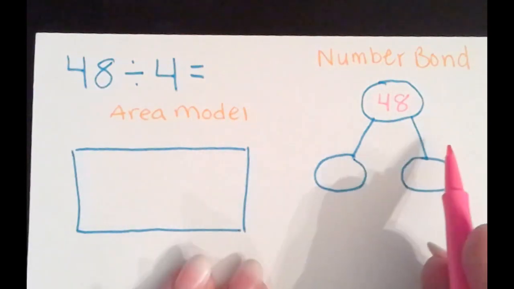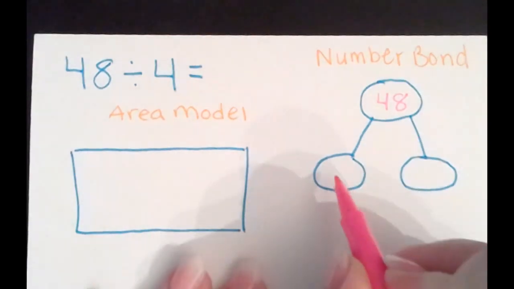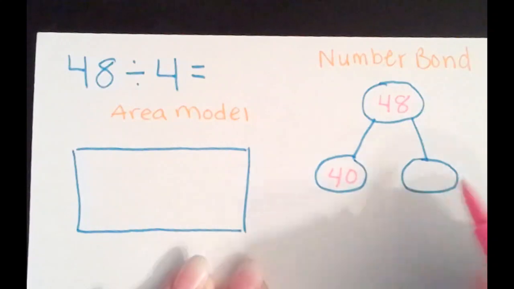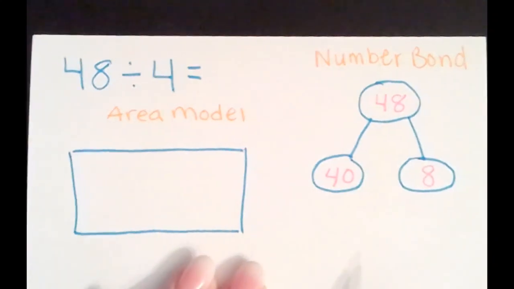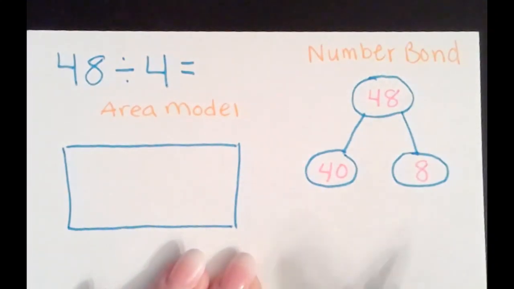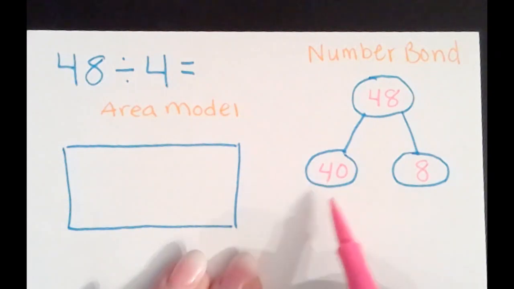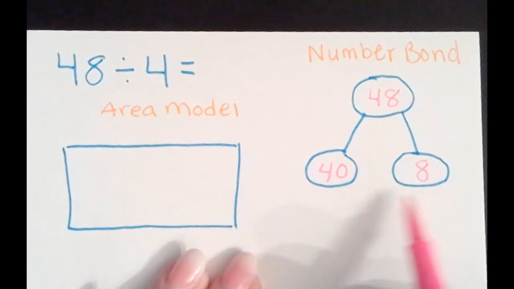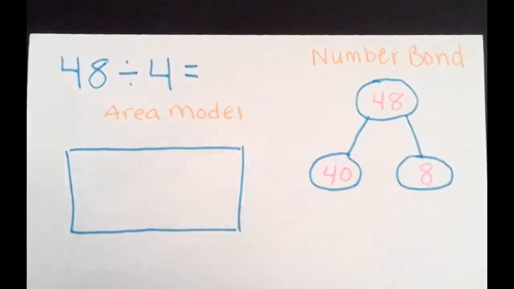So with 48, I think that 40 and 8 would be the most compatible numbers to work with, because I know 40 divided by 4 and 8 divided by 4 pretty easily from my multiplication facts.